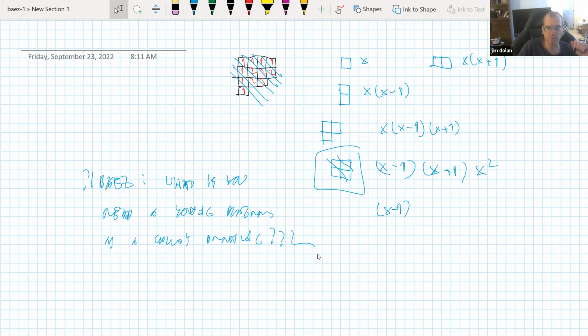And so I mentioned how you can read a Young diagram as a double coset between partitions.